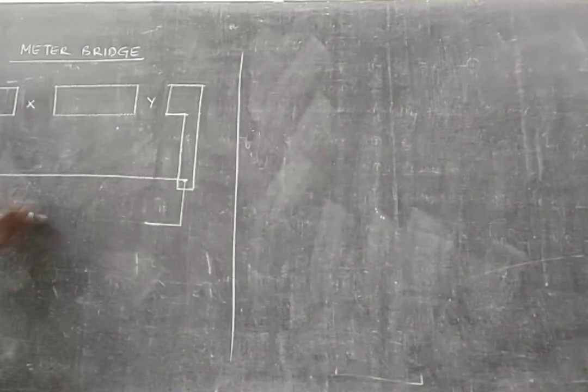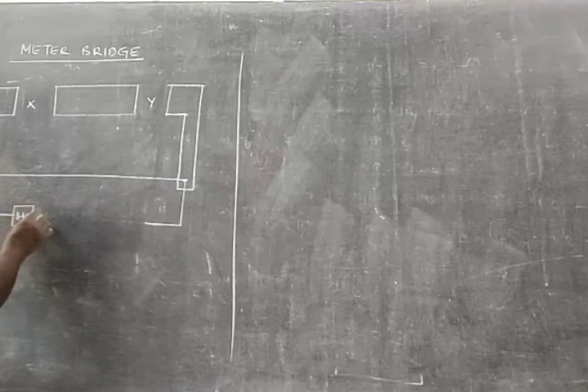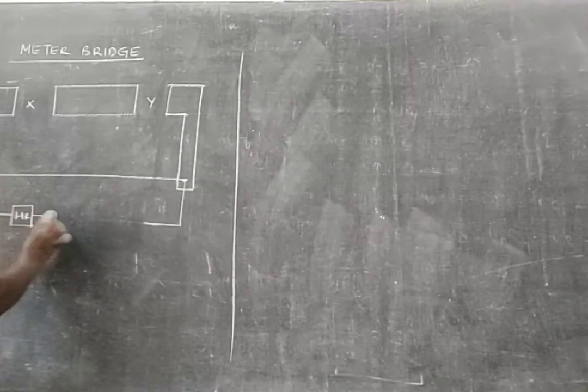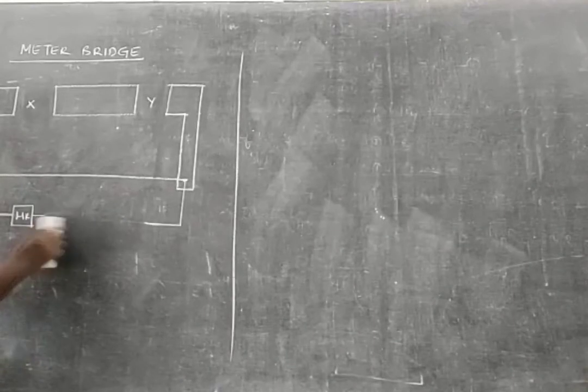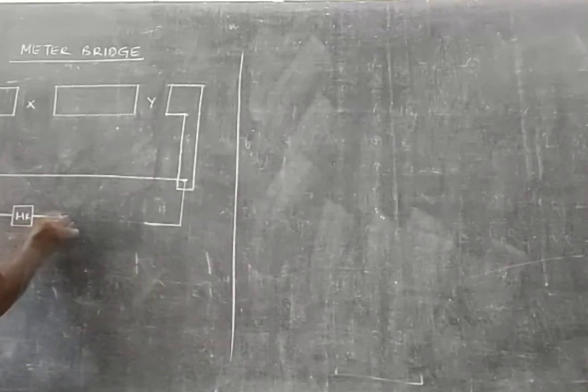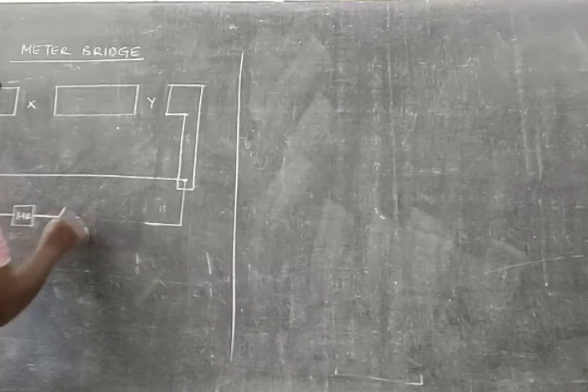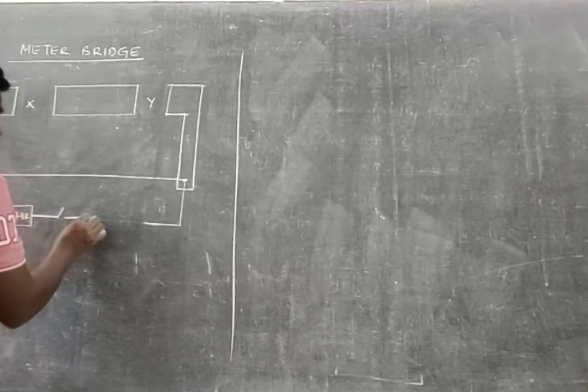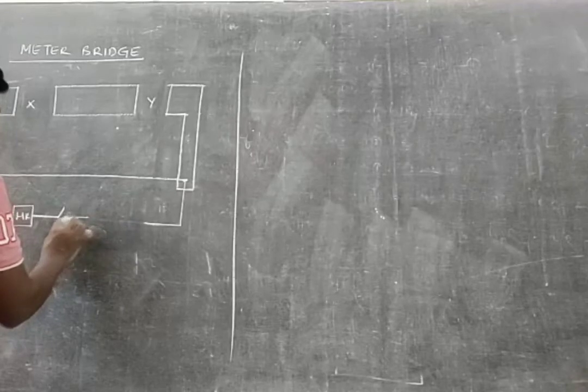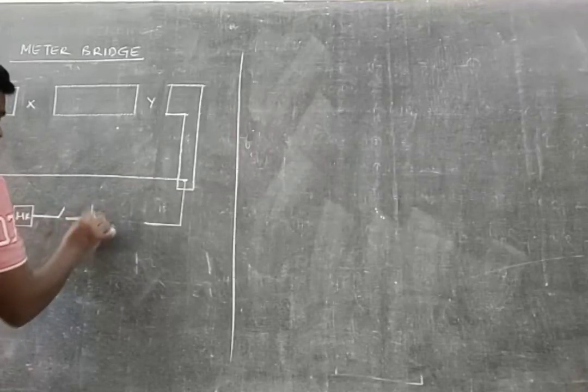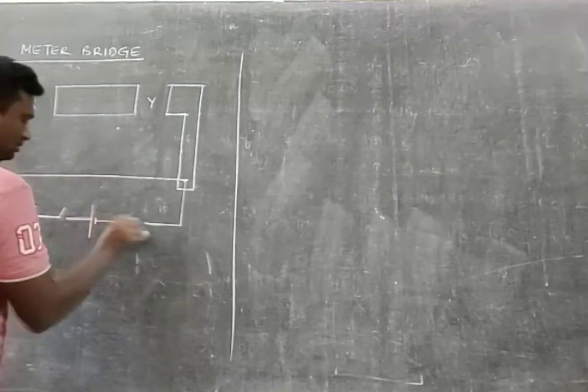This is connected to a high resistance box, then a plug key, and to the jockey and the battery like this.